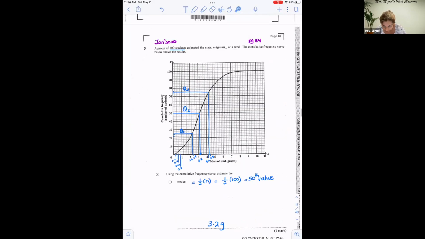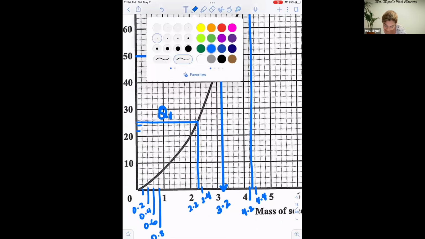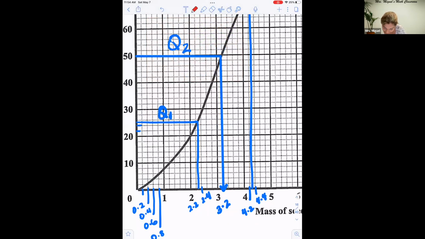So go to the graph and find 2.8. So 2.8 is here because this is 2.4, 2.6, this is 2.8. So draw a line up to the curve and read off this value here for me.